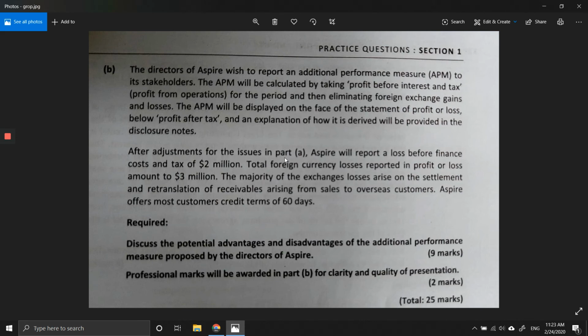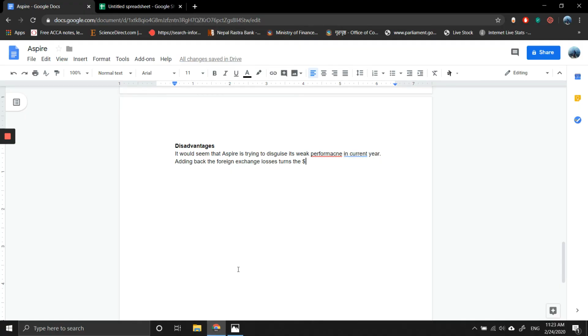Okay, after adjustment in Part A as well. So before finance cost and taxes, 2 million. Total foreign currency losses reported, is that right? So it turns the $2 million operating losses of Aspire into a $1 million profit.